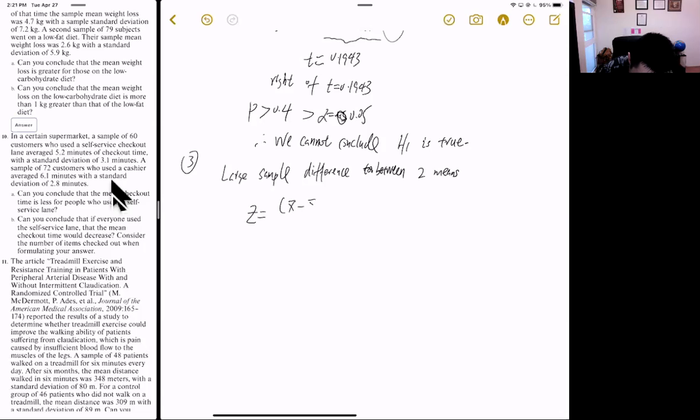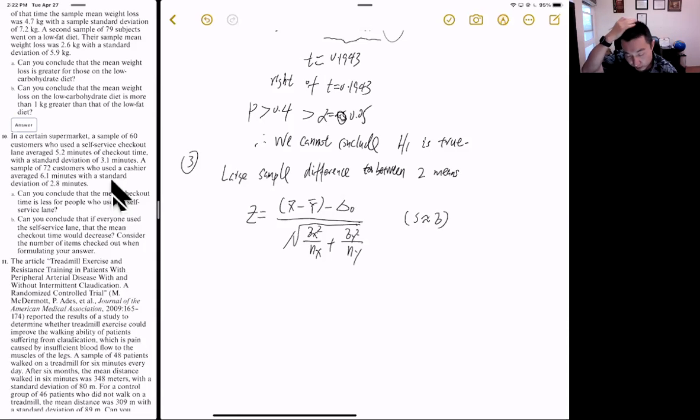Sample mean for X, sample mean for Y, delta 0, sigma X, sample size, sigma Y, and sample size for Y. We can use the sample standard deviation to replace sigma.